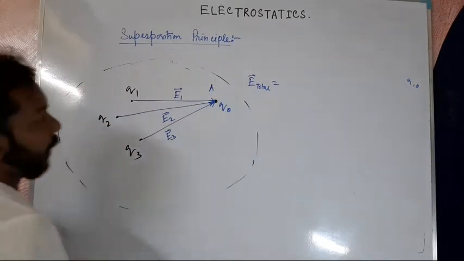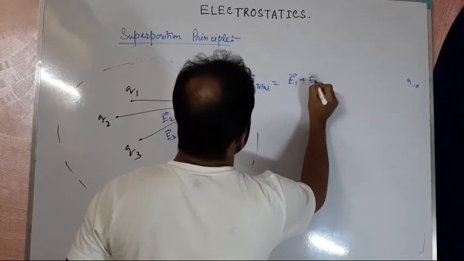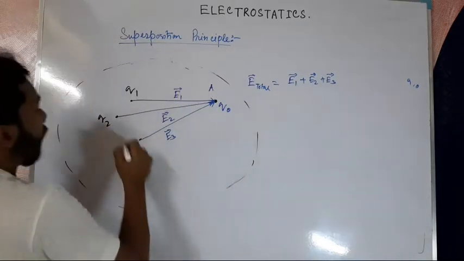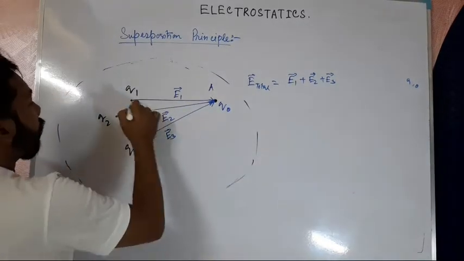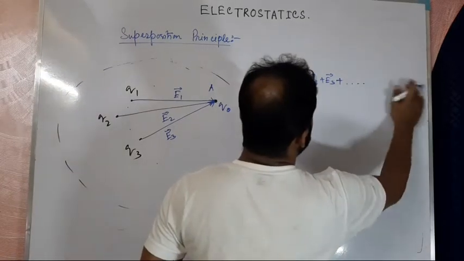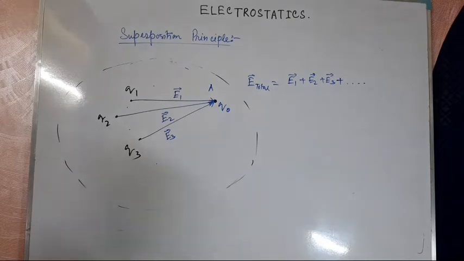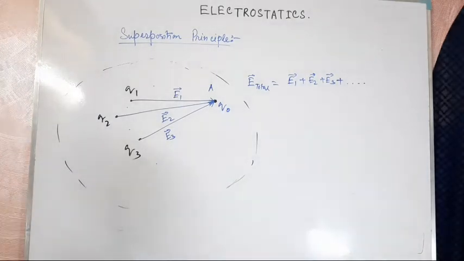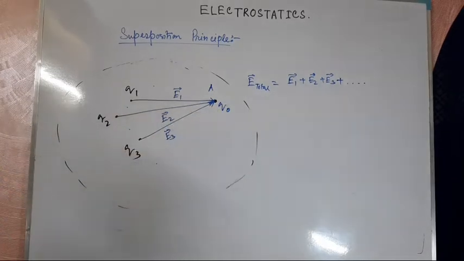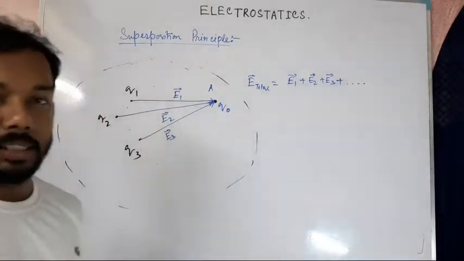So E total can be written as E1 plus E2 plus E3, and the principle says if we have more charges, we can just keep on adding those individual fields in order to find the total field at that particular point. And obviously the addition is vector addition.